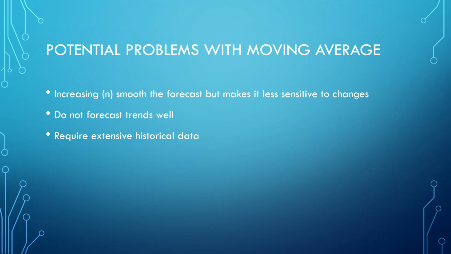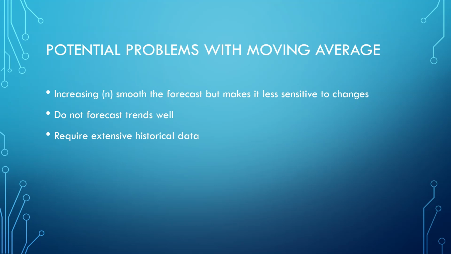Both simple and weighted moving averages are effective in smoothing out sudden fluctuations in the demand patterns, but they have potential issues. If we increase n, it would smooth the forecast but make it less sensitive to changes.